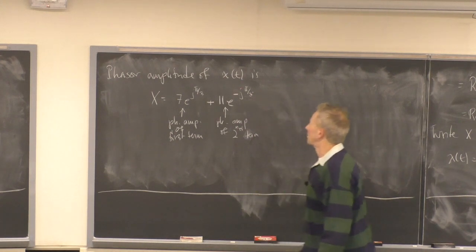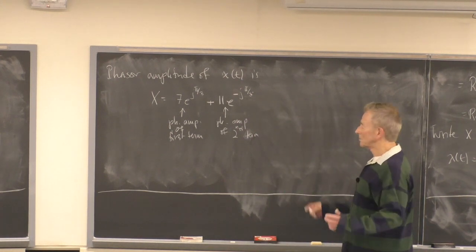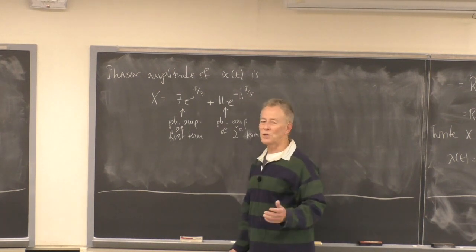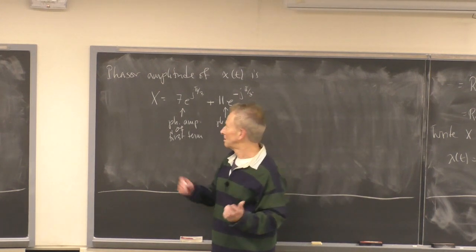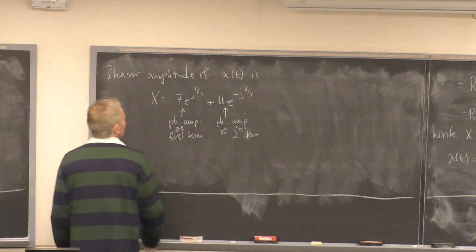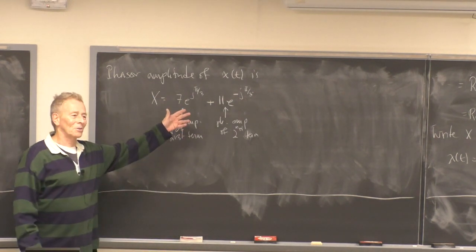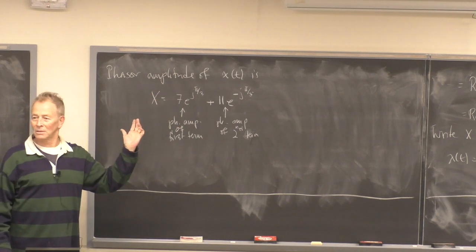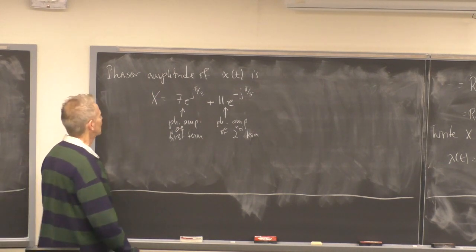OK, so far so good? Now, we know how to do cosine and sine of pi over 3. But I don't know by heart cosine and sine of minus pi over 5. Does anyone know those by heart? No. OK.